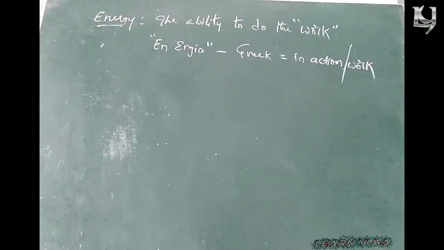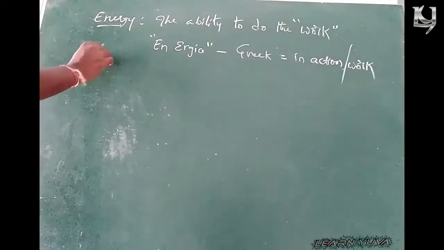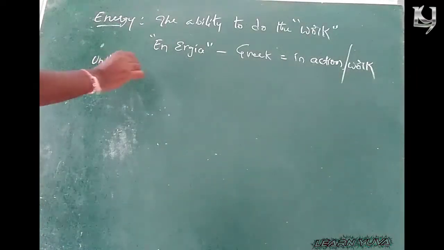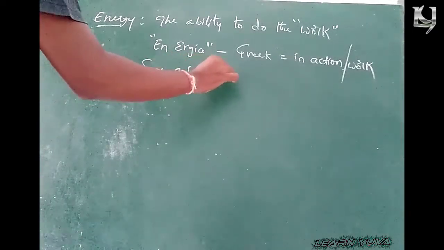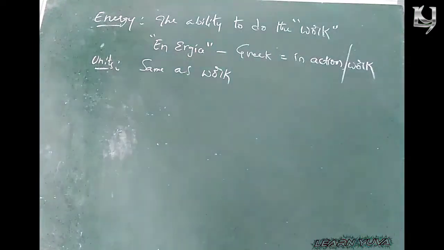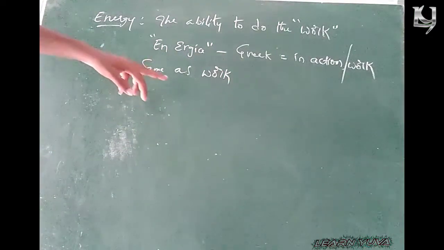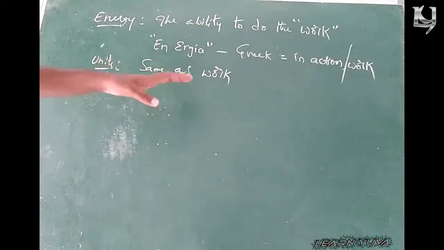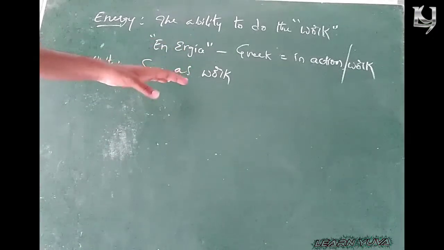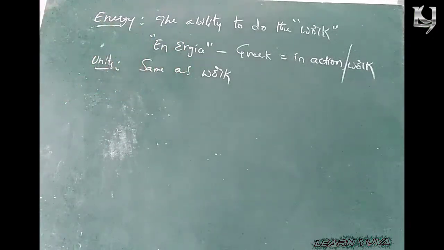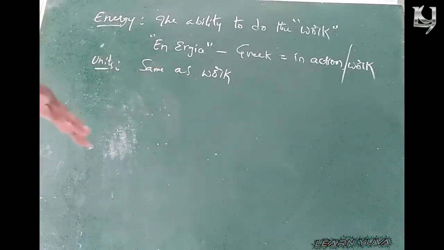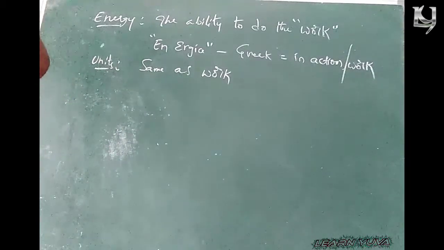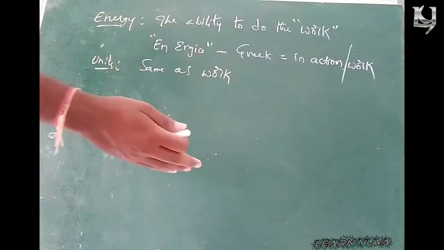So coming to the units, which are the same as work. Whatever units the work contains, those units energy has too, because a body which is having energy can exert some amount of force on another object, right? So during this process, some of the energy of the body is transferred to the next body.